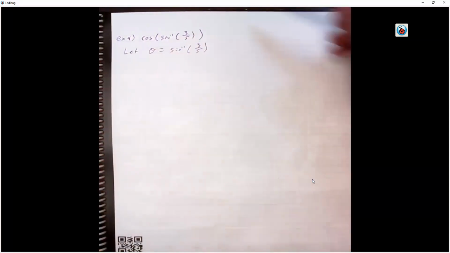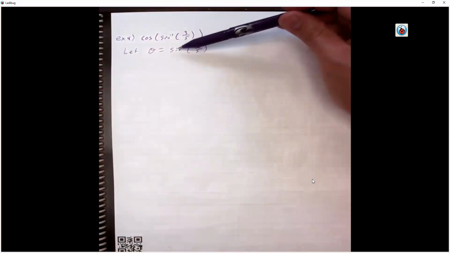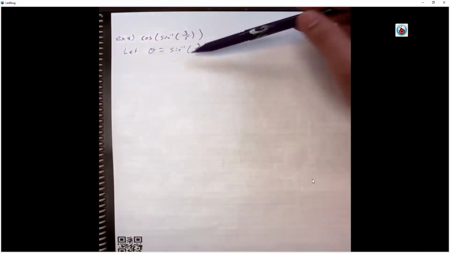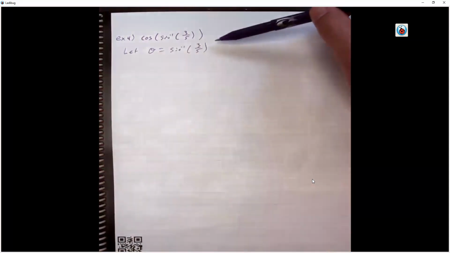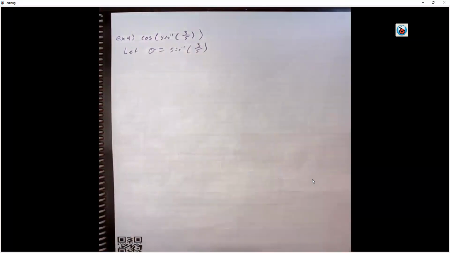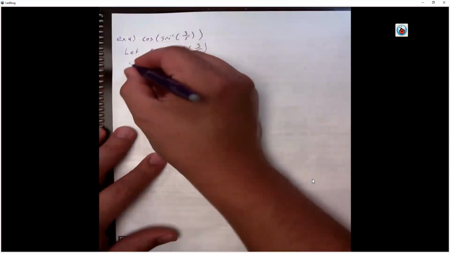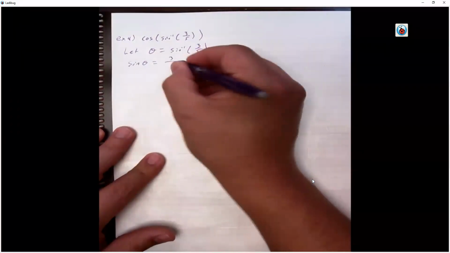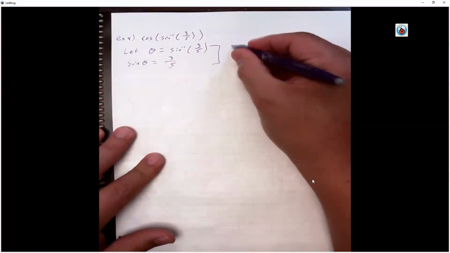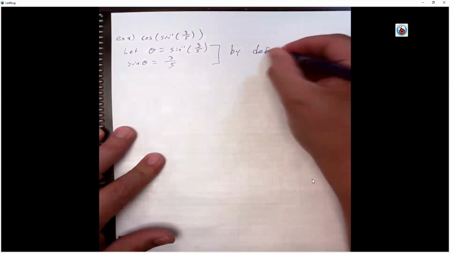Okay, and we also know that inverse functions will give you an angle. The theta is equal to sine inverse of this. Now, if you use the definition for inverses, or if you take sine of both sides, however you want to think about it, sine theta would be equal to 3/5, right? This is by definition.